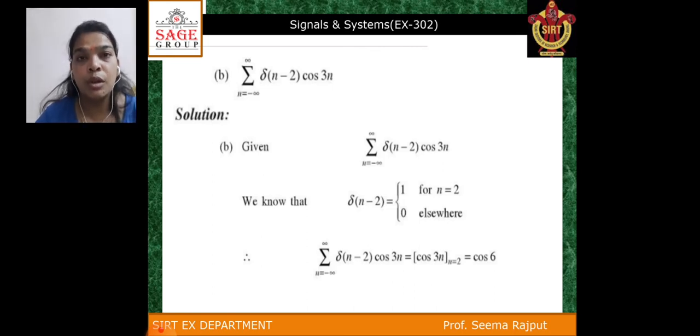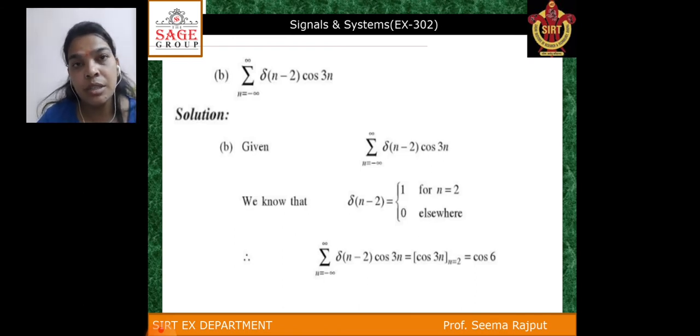Firstly we have to solve the function del n minus 2. In that function, del n minus 2 is equal to 1 for n equal to 2 and equal to 0 elsewhere. So in place of del n minus 2 we put 1.